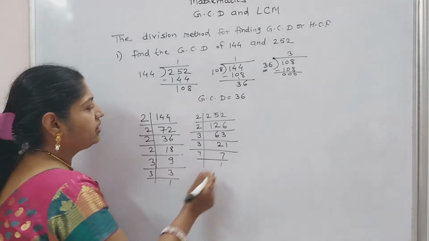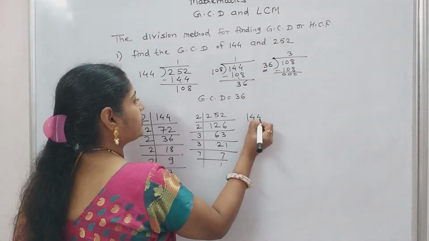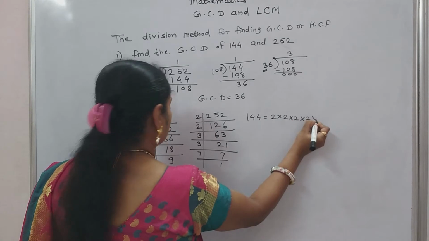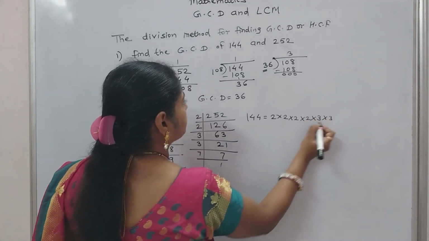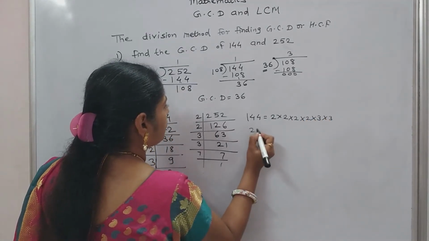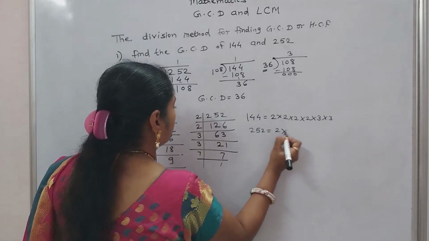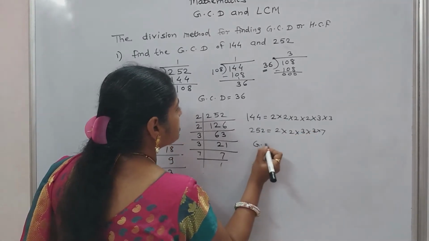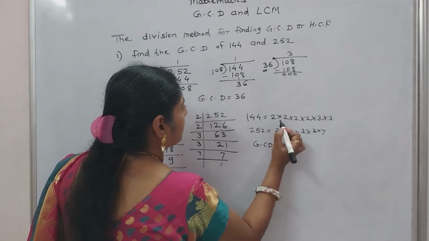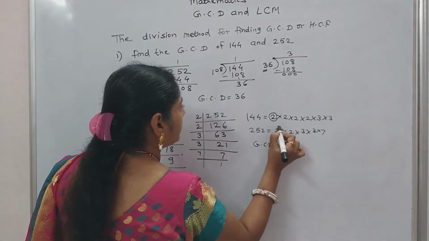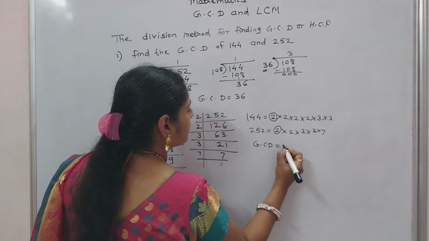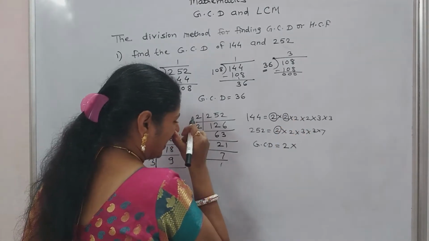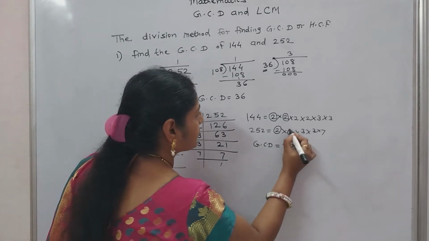Now write all the prime factors: 144 is 2 into 2 into 2 into 2 into 3 into 3. 252 is 2 into 2 into 3 into 3 into 7. Now GCD equals 2 into 2 into 3 into 3, the multiplication of all common factors.